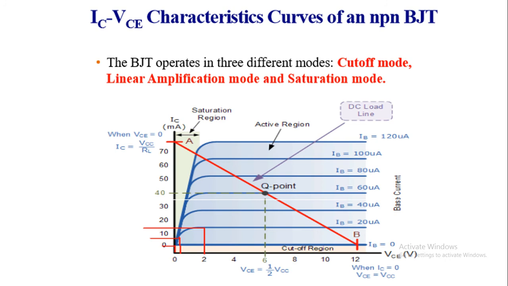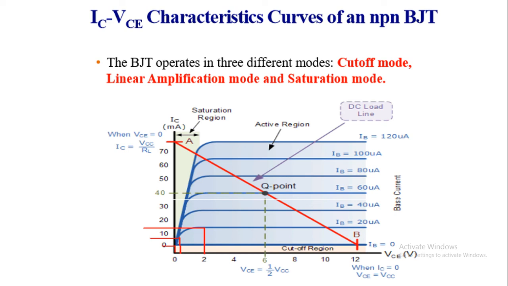So the IC-VCE characteristic curves of an NPN are illustrated in this Cartesian diagram in the first quadrant. Here on the horizontal axis we have the VCE voltage, and on the vertical axis IC, the collector current in milliamps, and we have I base, the base current, for every point.